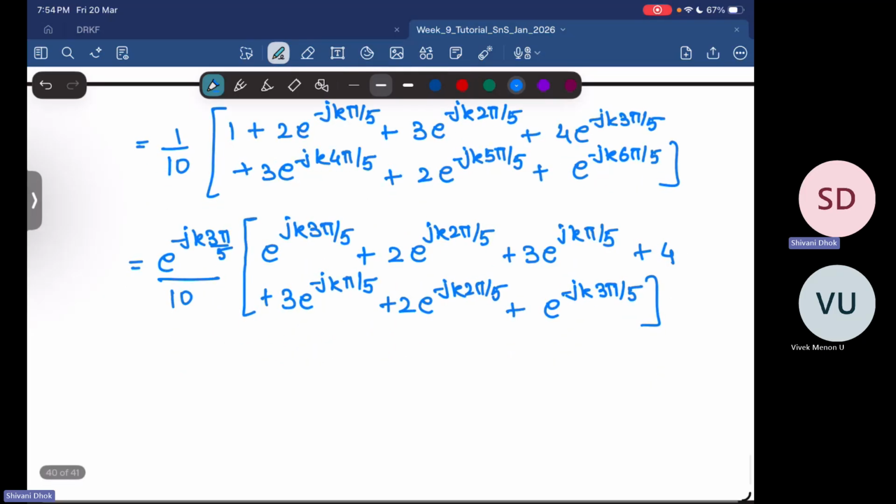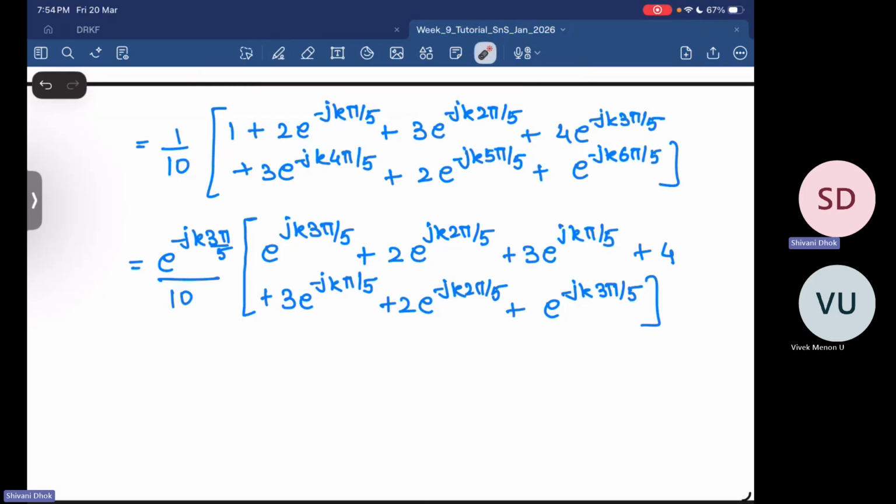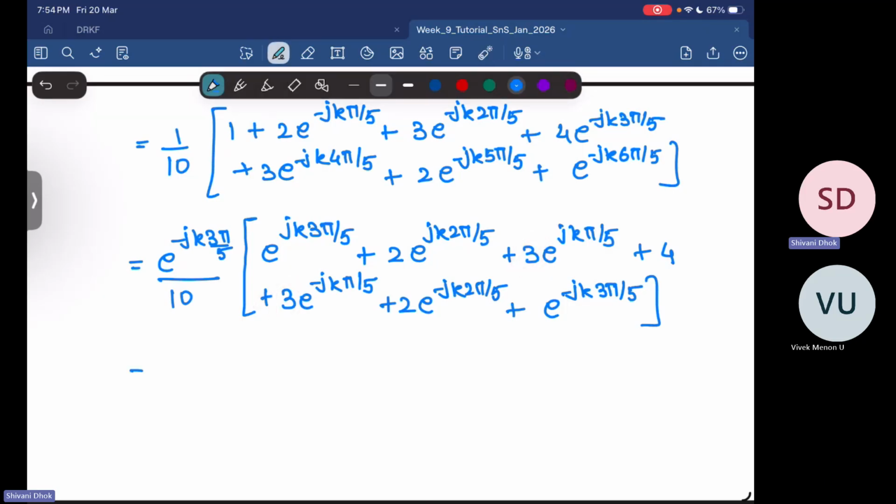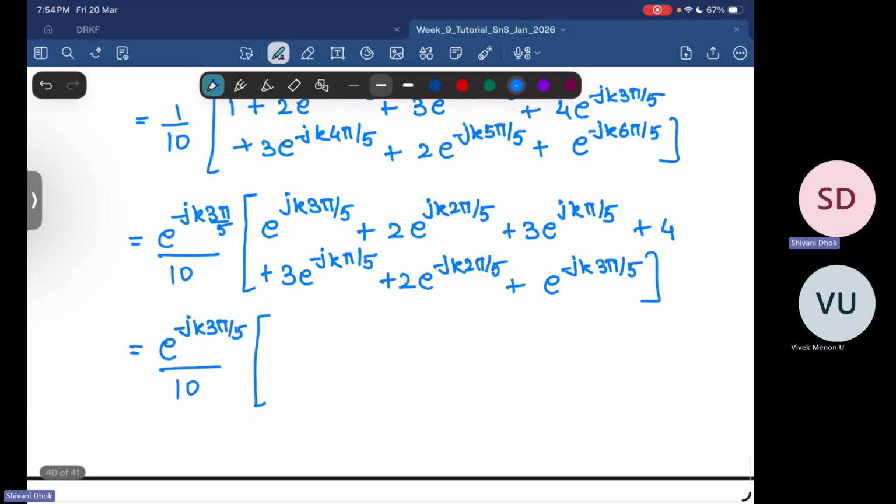Now we'll combine the terms which have the same coefficients. So that will give me e power minus j k 3 pi by 5 by 10. Inside the bracket, the first term will be e power j k 3 pi by 5 plus e power minus j k 3 pi by 5.